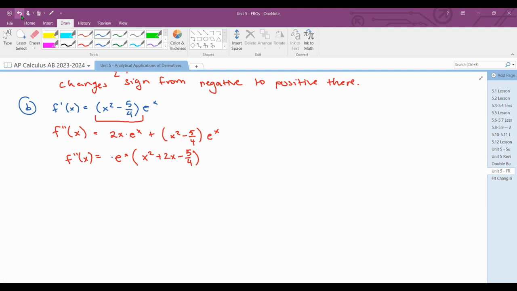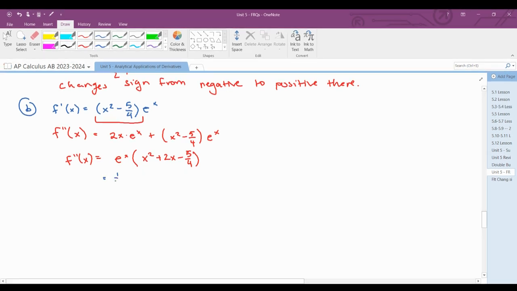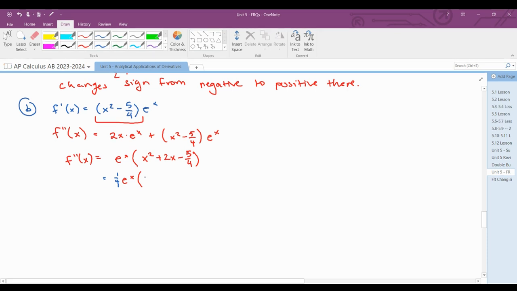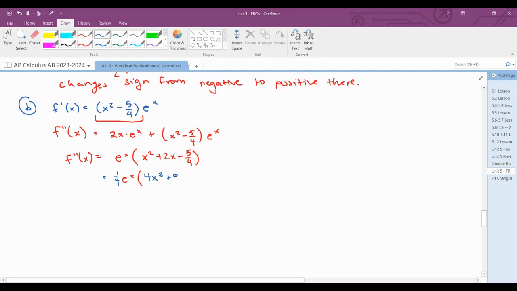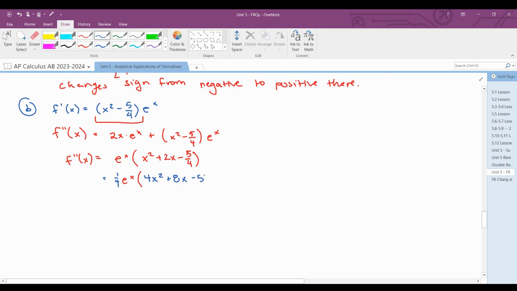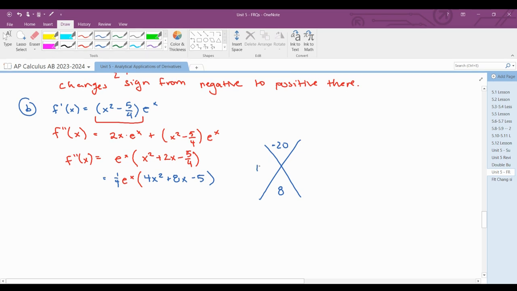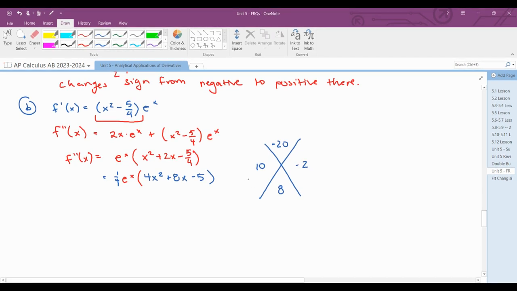So my next here is going to be 1/4 e to the x, and now we have our new equation, 4x squared plus 8x minus 5, and then you could factor this. So you'll get negative 20 on top, 8. So it'll be 10 and negative 2 are our factors.